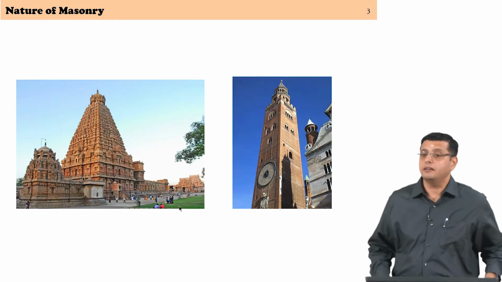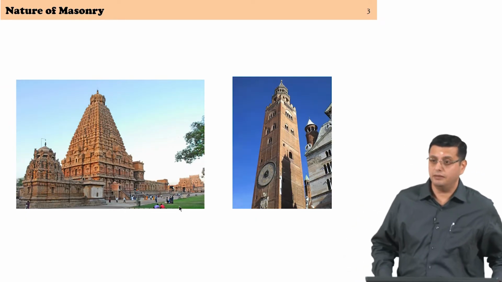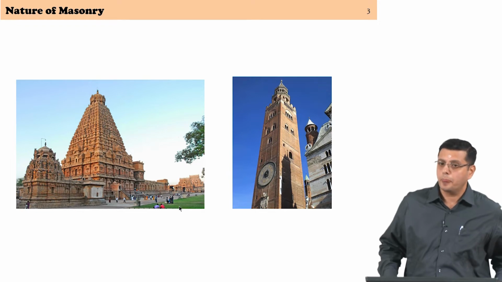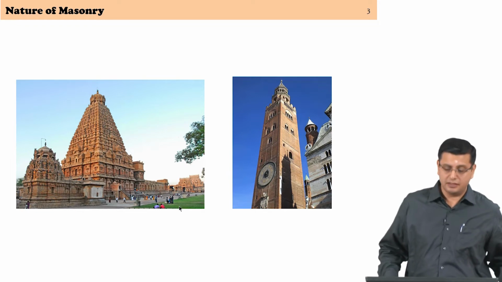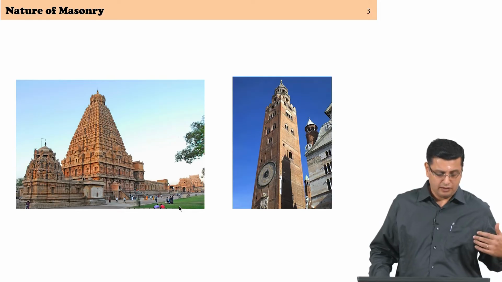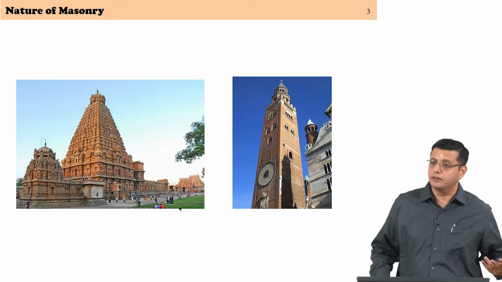We also see a large number of towers, not recent constructions. These are constructions that are at least 800 to 1200 years old, towers. And if you were to use a material to build towers that are 100 meters or taller, the material is working well in compression.